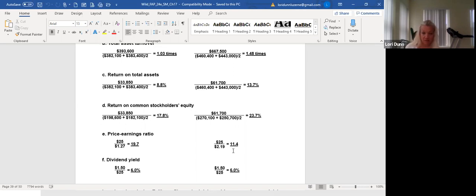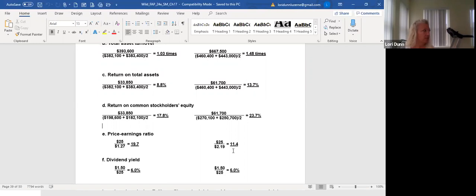Dividend yield is our final calculation, where we take annual dividend divided by the market price of the share of stock. The annual dividend per share is given, and both companies have the same dividend. So this is the actual cash you're going to receive, $1.50, if you buy 1 share of stock for $25.